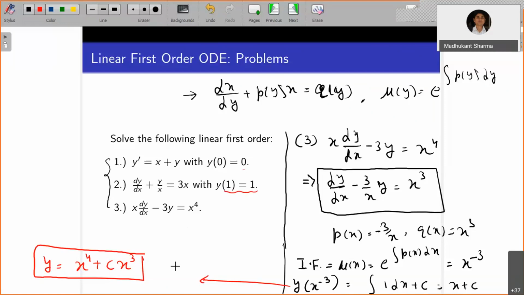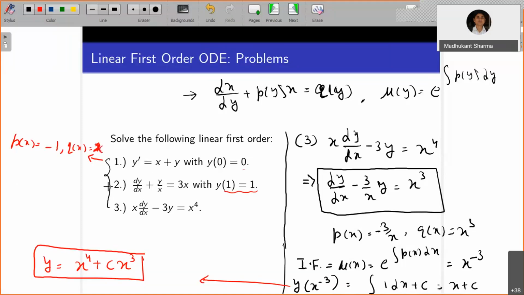For the first problem, if you are careful, what will be p? P of x is the coefficient of y on the left side. So y dash minus y equals x. You can verify that p of x is going to be minus 1, and q of x is x.